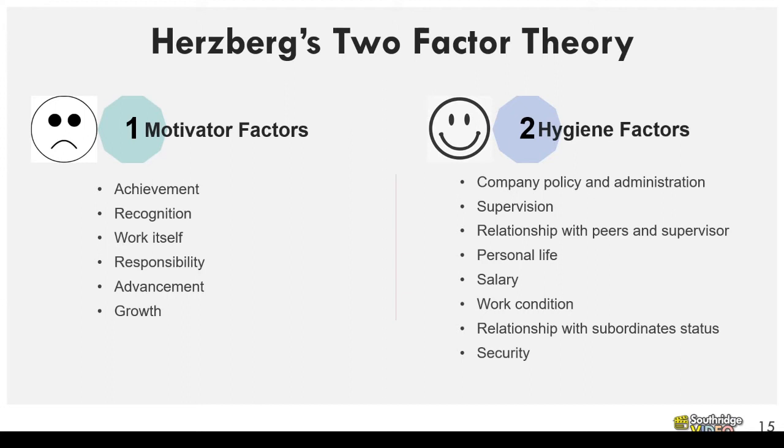However, the dissatisfied employees mentioned the following factors responsible for job dissatisfaction, which are tabled in hygiene factors: company policy and administration, supervision, relationship with peers and superiors, personal life, salary, work condition, relationship with subordinates, status, and security.